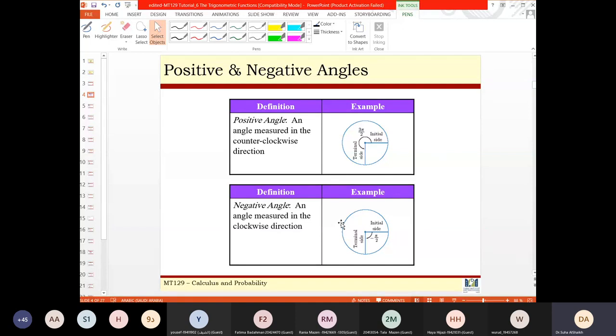So whenever we are measuring the angle, the angle can be positive and the angle can be negative. Whenever we talk about the angle, we are always thinking about the circle. We call it the unit circle. Whenever we talk about the angle, I'm talking about a unit circle. This is my x-axis.